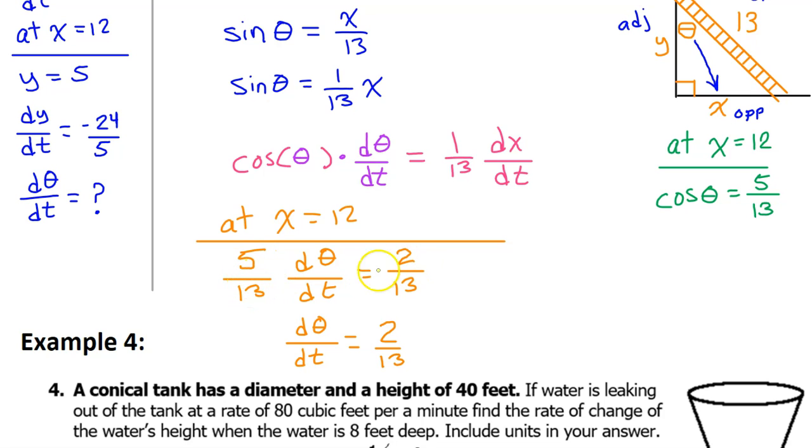So multiplying both sides by 13 over 5 will move this basically over here, but it will become 13 over 5. These 13s will cancel each other out, leaving d theta dt is equal to 2/5.